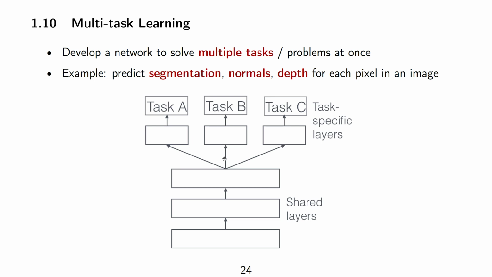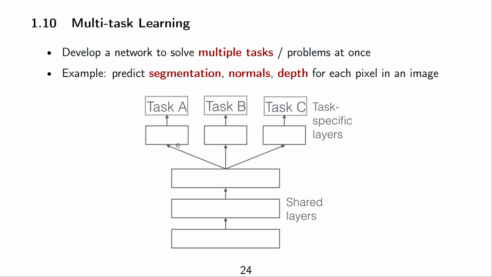The second branch is devoted to task B, let's say the normal prediction. And the third branch is devoted to task C, the depth prediction. Each is shown as one block. This might be one layer, but it could also be multiple layers inside this box.